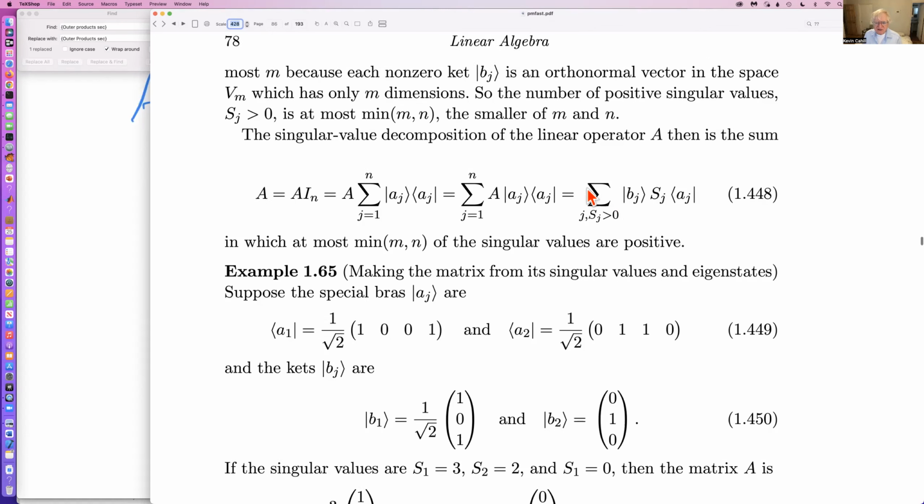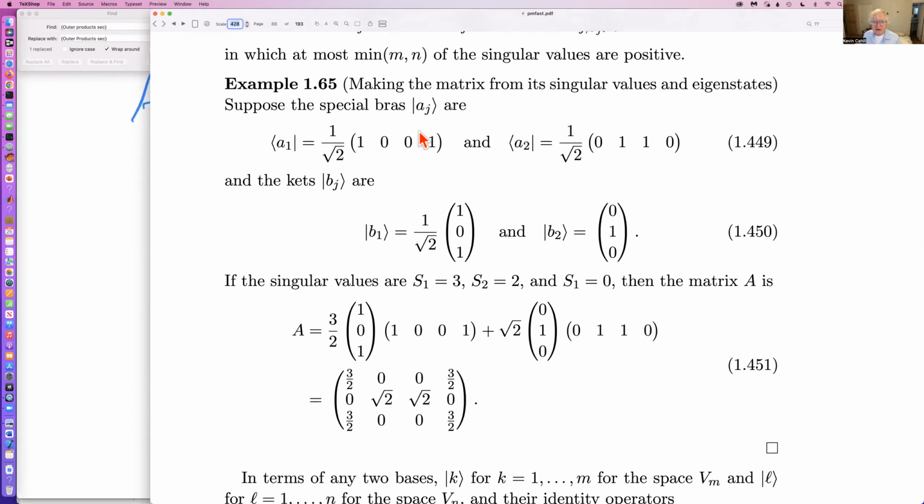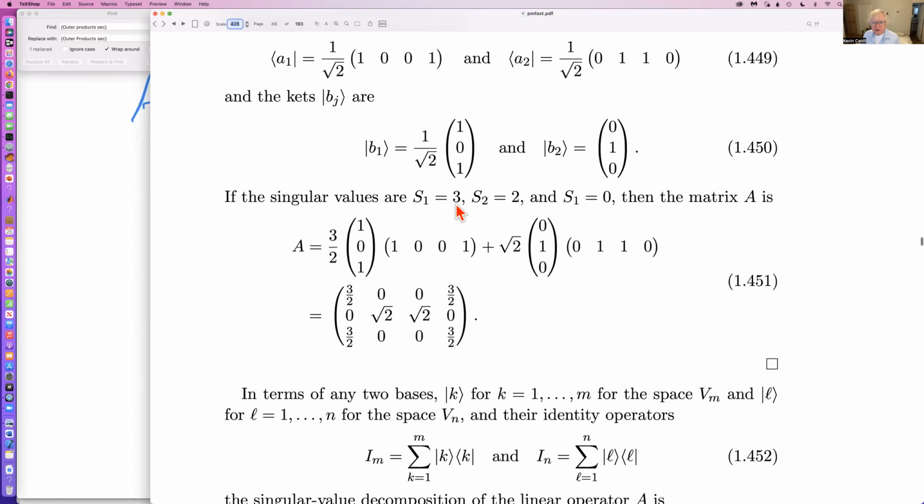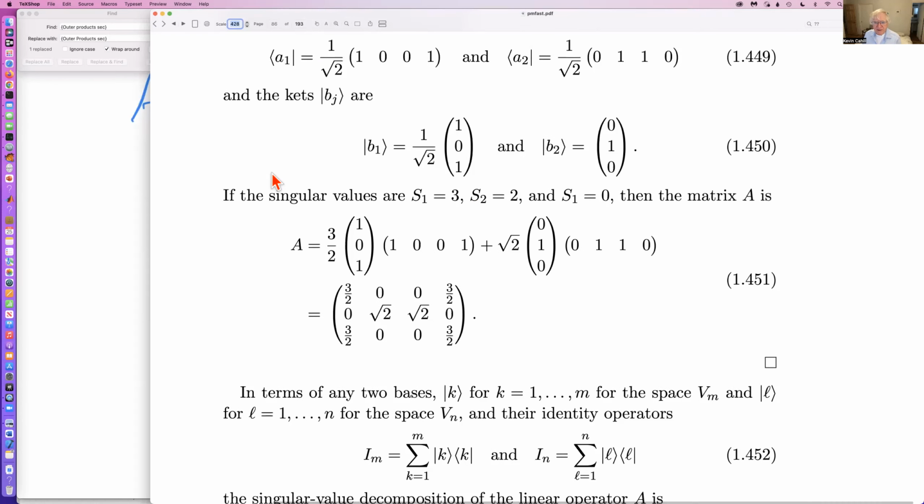So this is so important that maybe I should do a couple of examples to make a matrix from its singular values and eigenstates. So suppose the special bras look like this, and the special kets look like that, and the singular values are 3, 2, 1, then the matrix is 3 times this, where the 1/2 here comes from normalizing this.